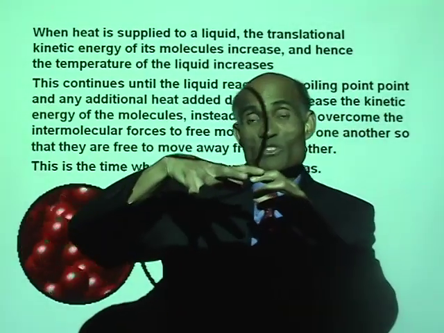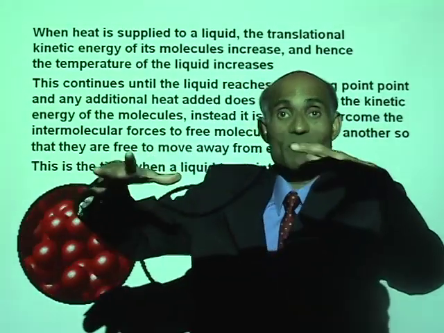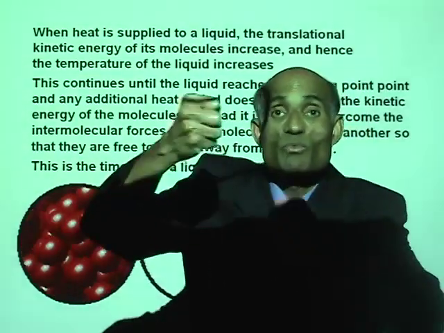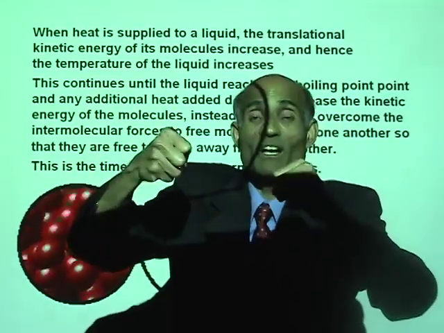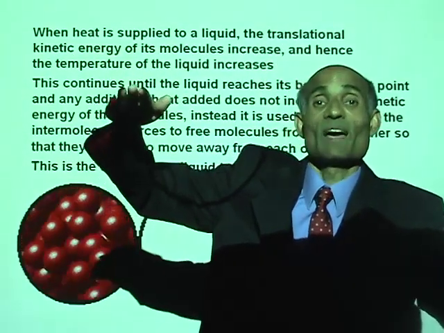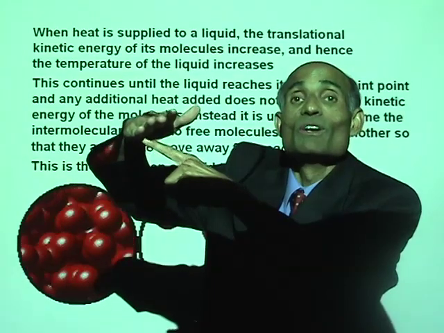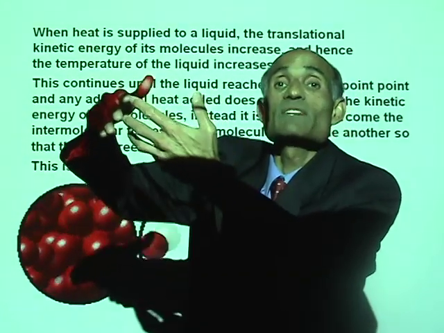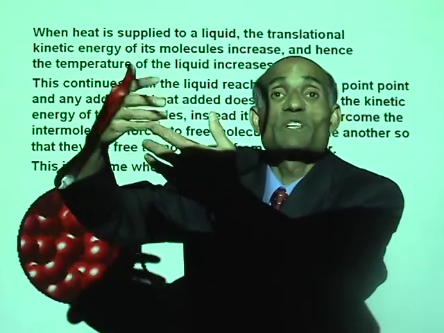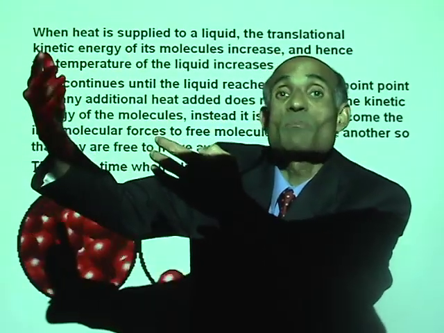And now, once all the molecules have become liquid, when you supply heat, the molecules will begin to move faster and faster until the liquid reaches the boiling point. At the boiling point, you supply additional heat. What happens? That will not increase the kinetic energy of the molecules anymore.